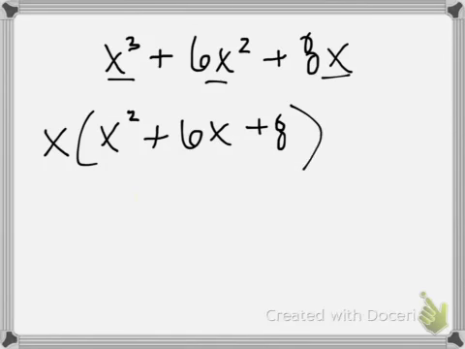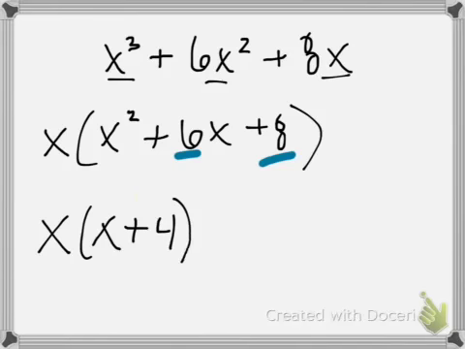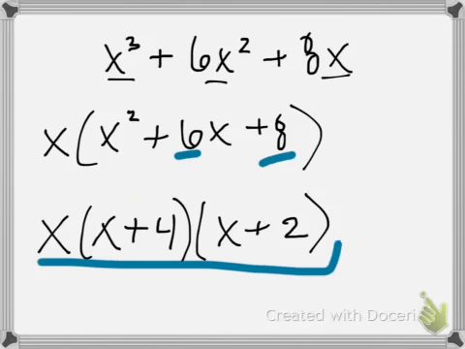And then this is now just an easier problem. So what multiplies to get 8 and adds to get 6? You bring down the x again, and so it would be x plus 4 and x plus 2. And then you would leave your answer like this.